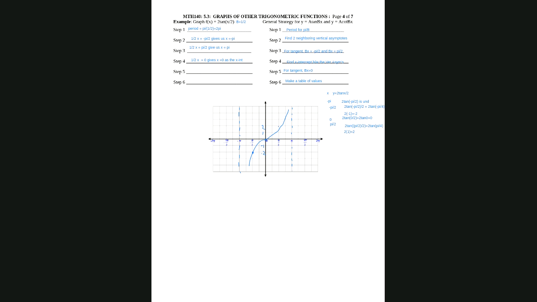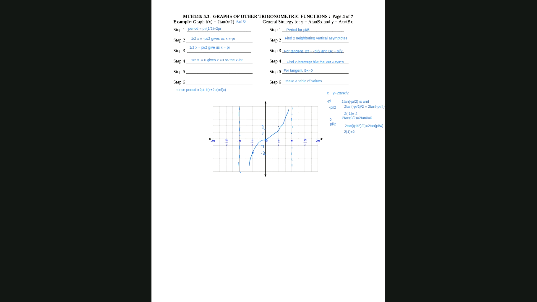Since the period is 2 pi, that means that f of x plus 2 pi is equal to f of x. And so what I'm going to do is say x equals 0.